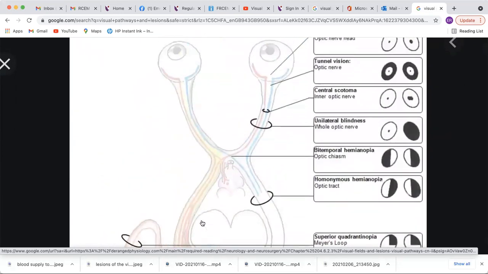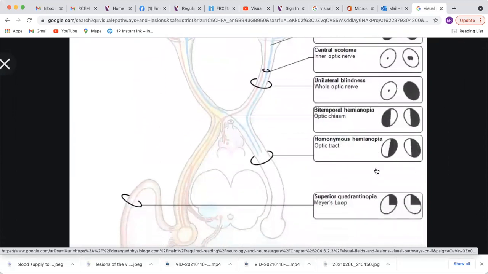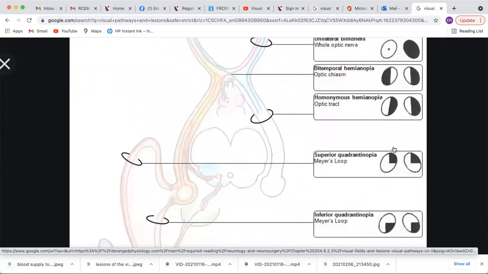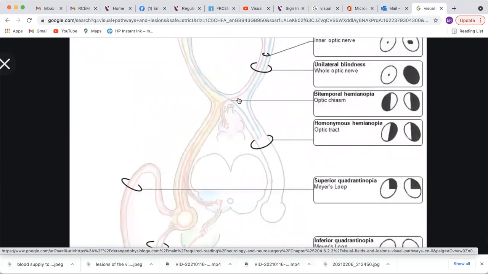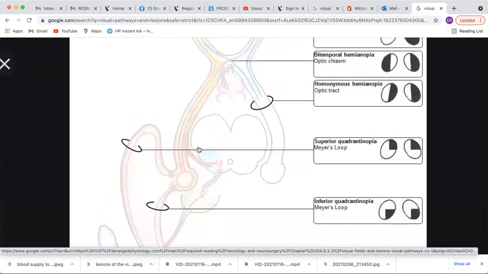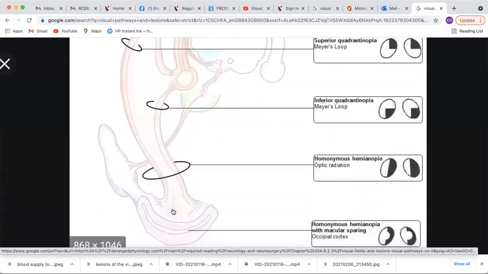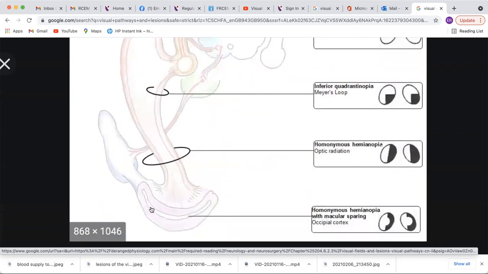On the right side, you see the diagram of the type of lesion. Homonymous hemianopic lesions start beyond the optic chiasm, so the lesion must be after the optic chiasm, and it could be either the optic tract, optic radiation, or even the occipital cortex.